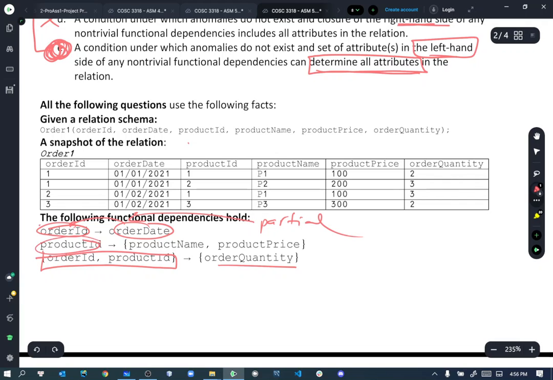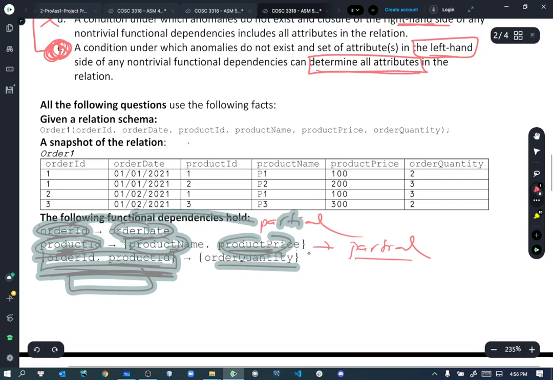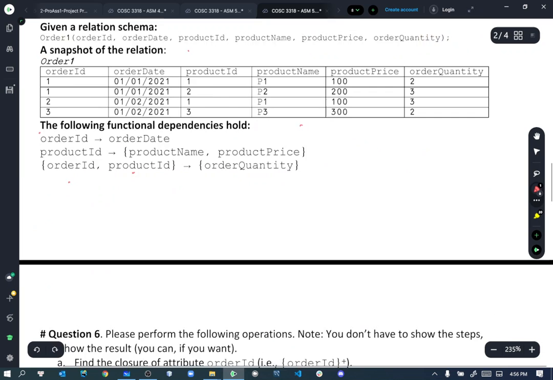Product ID determines product name, product price as well. This one is partial, because the full key must be both, but product name depends only on product ID, which is part of it. Product price depends only on product ID, which is a part of it. Order date depends only on order ID, which is a part of it. So it's not full. So there are two partial functional dependencies there.